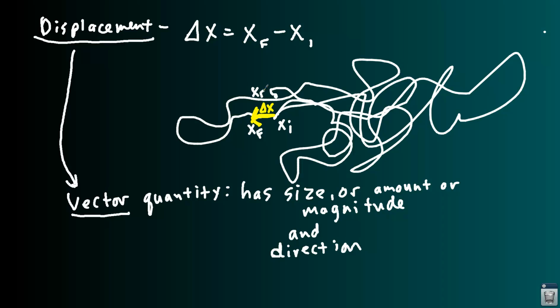That's our x final. Now, it looks like we went about the same magnitude or distance, but what's changed is the direction. Now we're going up. So displacement has direction and size.